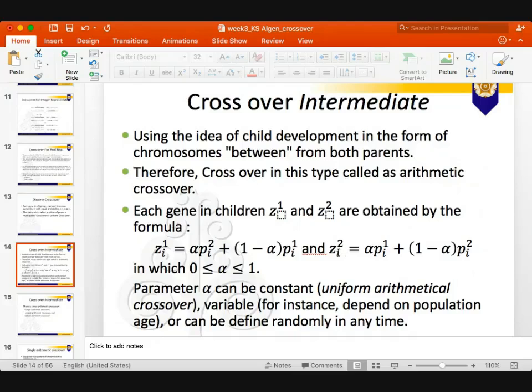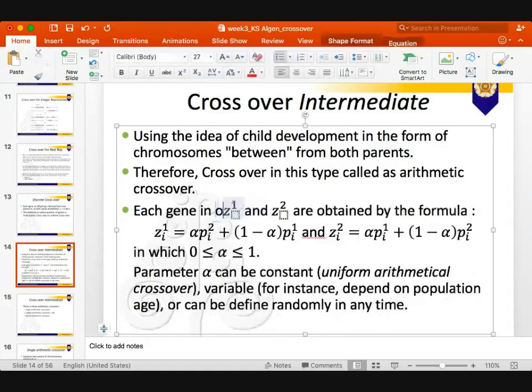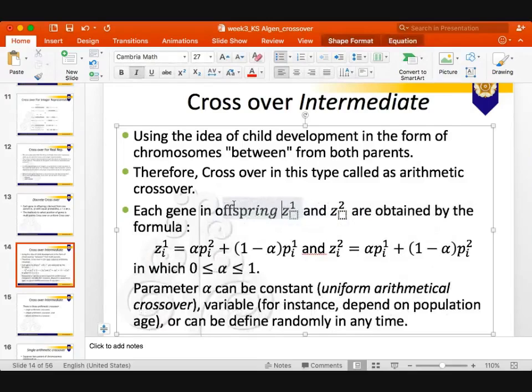Likewise for the gene in the second child. The alpha value ranges from 0 to 1. Alpha can be constant, meaning for all crossovers we only have one alpha, but we can also choose it randomly each time, so it can be different for each crossover.